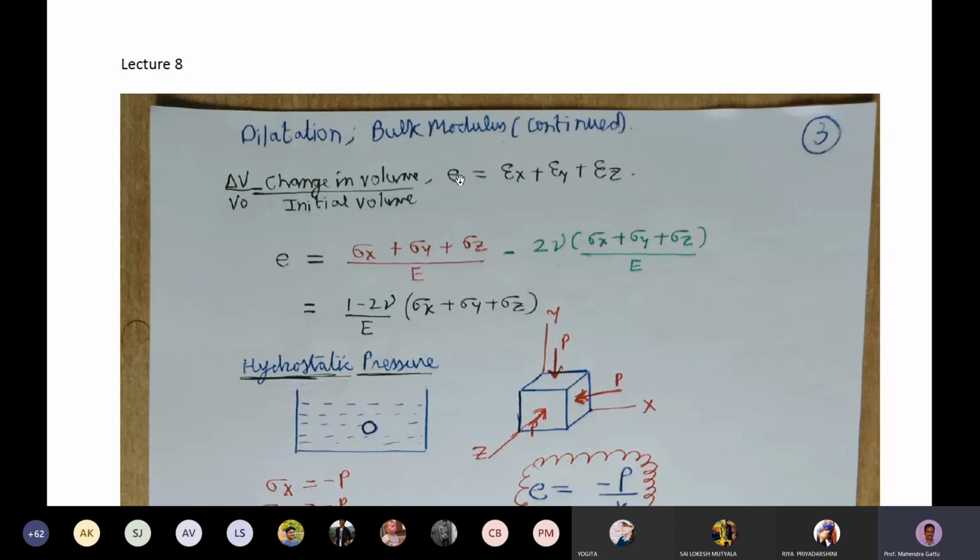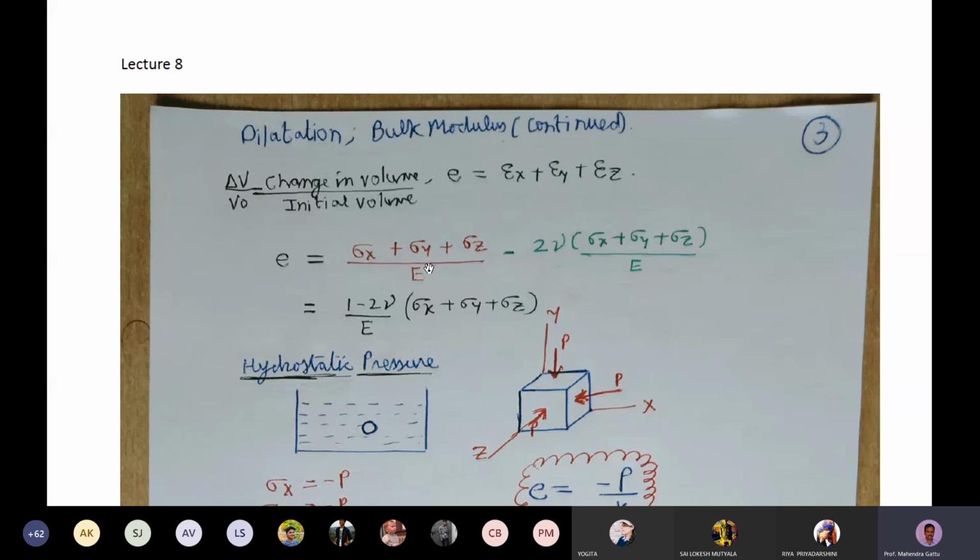So we can derive the expression for E in terms of the stresses. What we do is we use the generalized Hooke's law. So we have epsilon x is sigma x minus nu times sigma y plus sigma z, by E. Epsilon y is sigma y minus nu times sigma x plus sigma z, by E, and epsilon z is sigma z minus nu times sigma x plus sigma y, by E. So we have nu sigma x, sigma y, sigma z repeated twice, so we'll have these minus 2 nu terms, and here the normal terms sigma x plus sigma y plus sigma z.